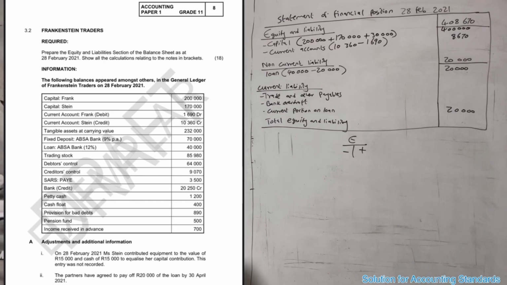So what do we do if the amount is negative? It's very simple. We have to record it as a bank overdraft, okay, because it is negative.